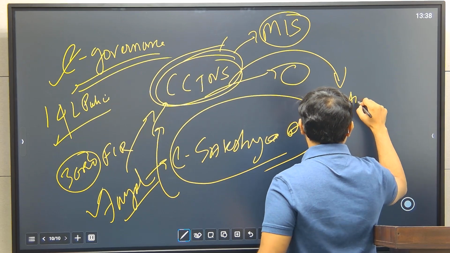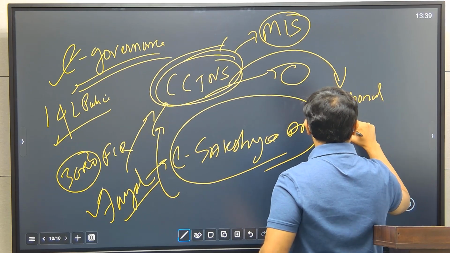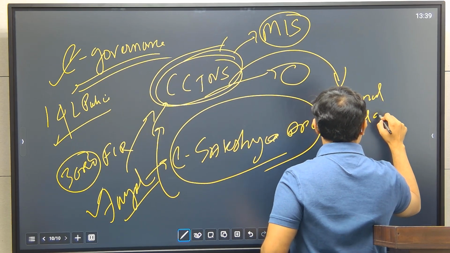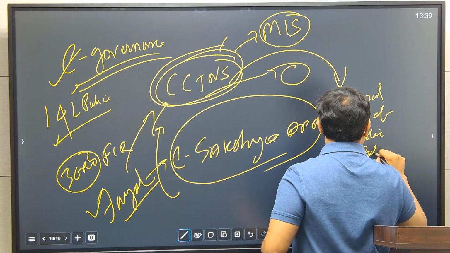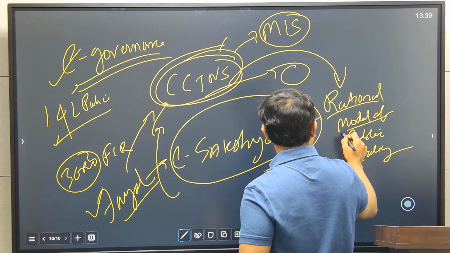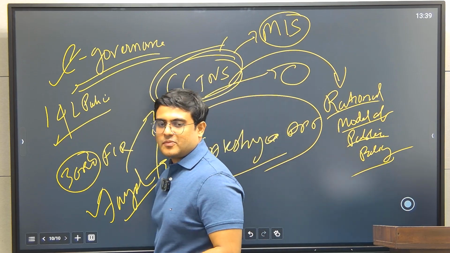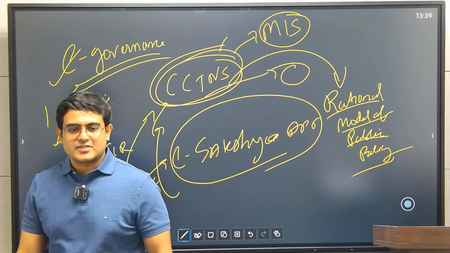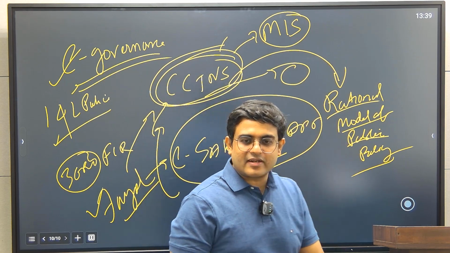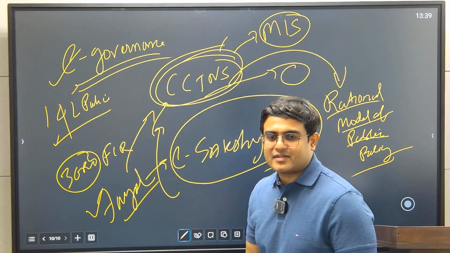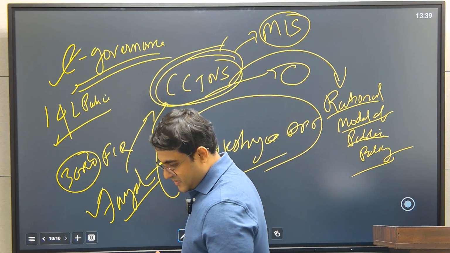The rational model of public policy is also mentioned in your syllabus, in the public policy chapter. So you can relate this also. Now let's move further.